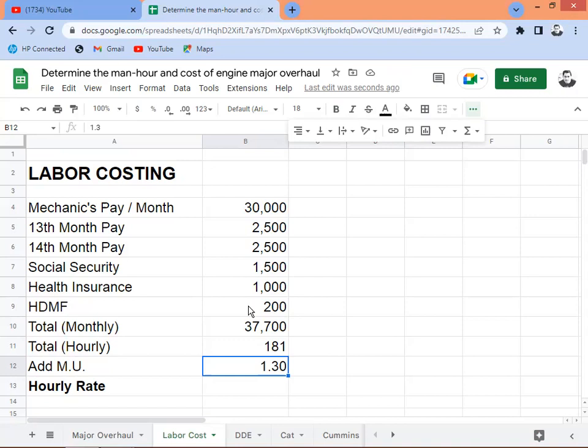But we're only talking about the labor cost here. So now we're gonna find out how much would be our hourly rate.